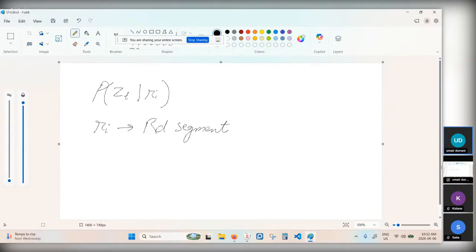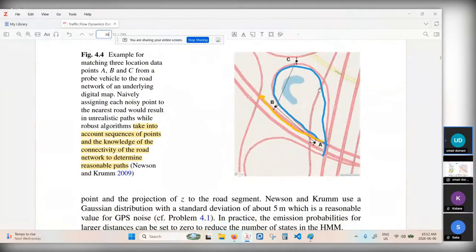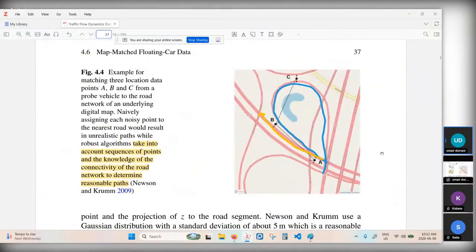Looking back at the plot that we saw here in figure 4.4, we have this yellow line that I drew on the map and the blue line. So we can say, for example, yellow line is R1 and blue line represents R2, the two different road segments that a vehicle could possibly be on.